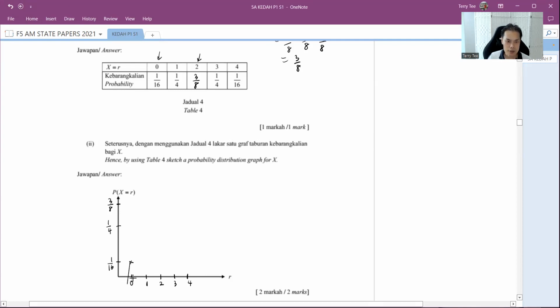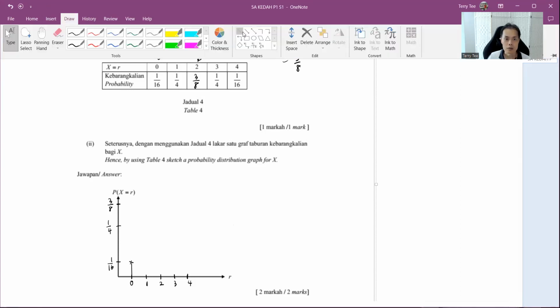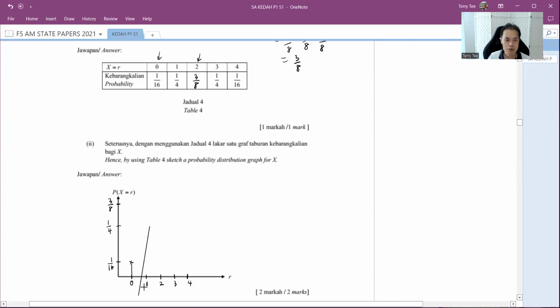It's much better. All right, this is my 1/16 over here. Second one is 1/4. 1/4 is longer, so let me draw a little bit longer. 1/4 from here, we draw vertically down. I'll just adjust this a little bit.